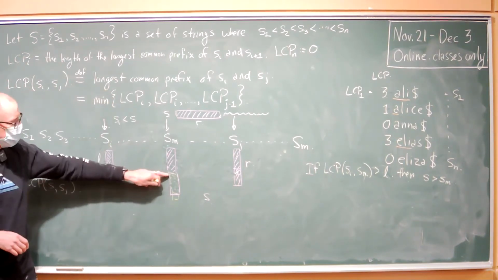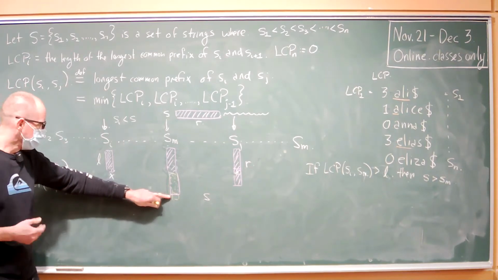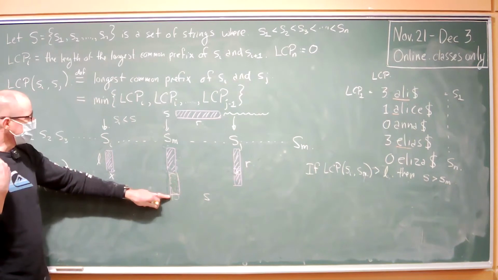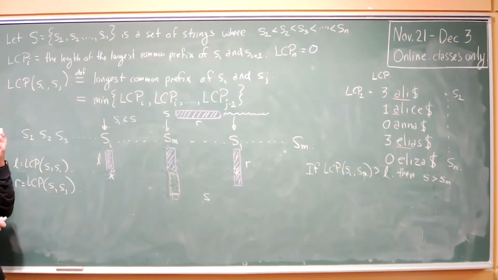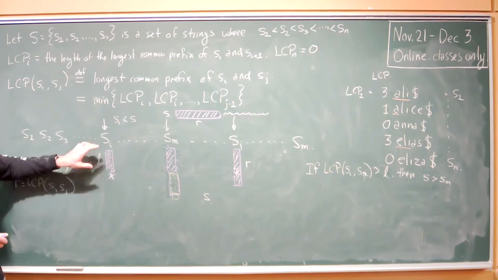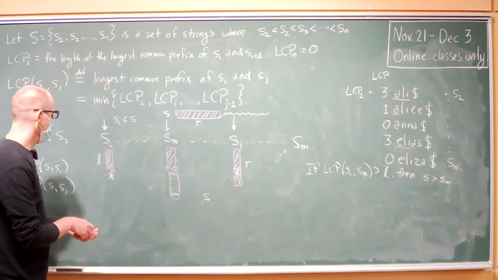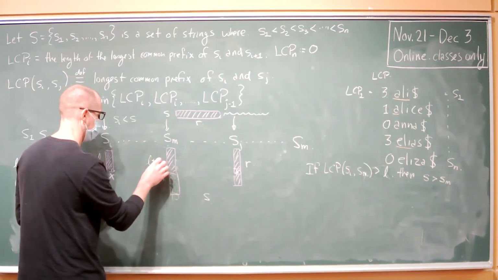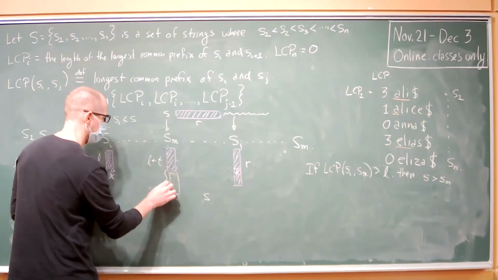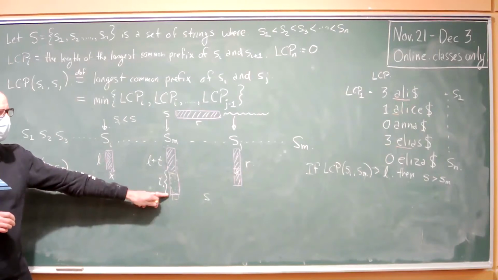Well, it takes as many characters as they agree on. I don't know what that is, but let's just notice that when this happens, I went from a situation where I had L and R, and now I have L plus something. I don't know, T, where this is the time it takes me to check these things. Okay?